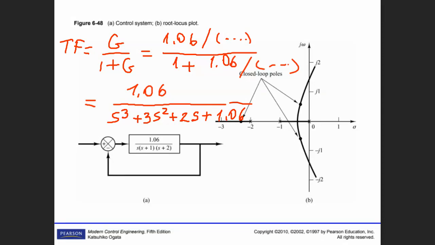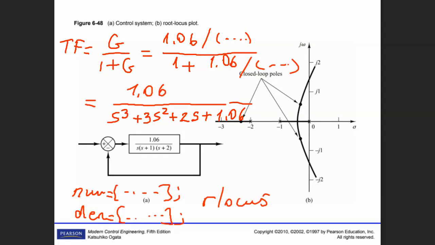If you write num and den, then root locus of num over den is going to draw that curve. And then you are going to obtain those poles as well.